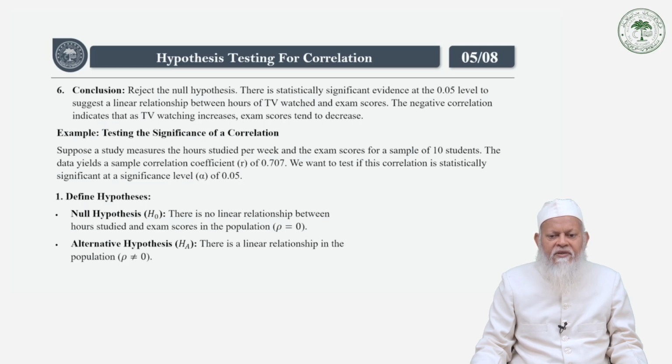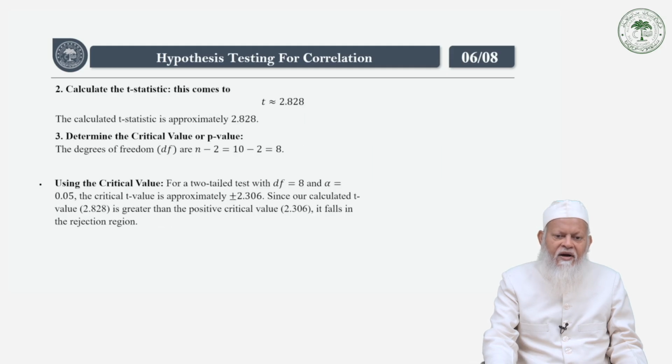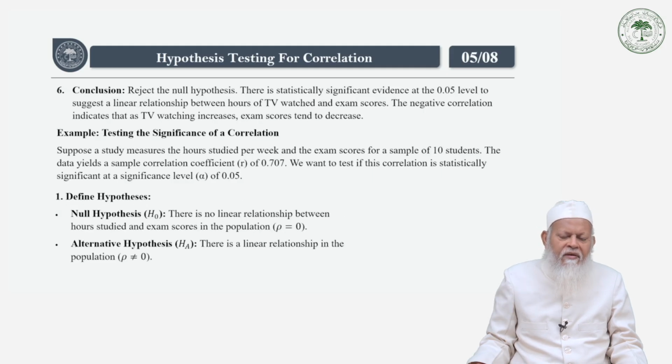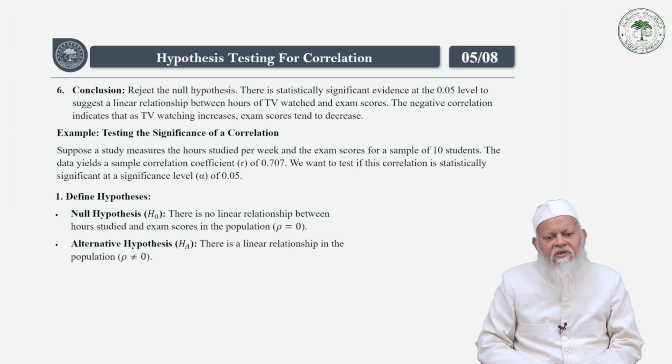We want to test if this correlation is significant at the significance level of 0.005. So we have been given this task. r is given, significance level is given, n is provided, and in fact they have provided the results also themselves. We just have to check it and test the hypothesis.